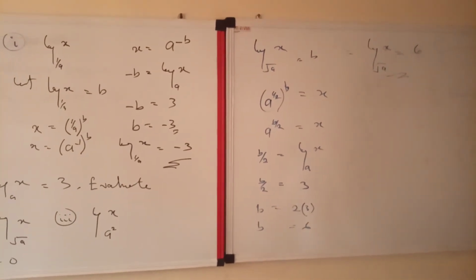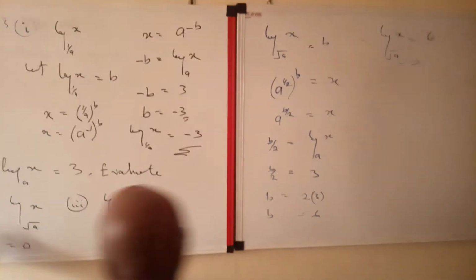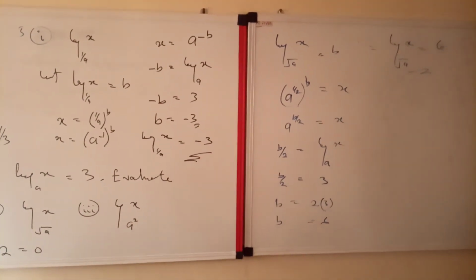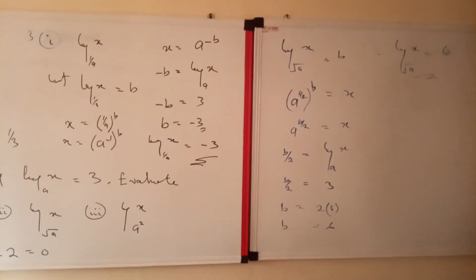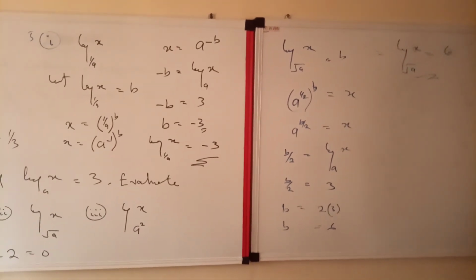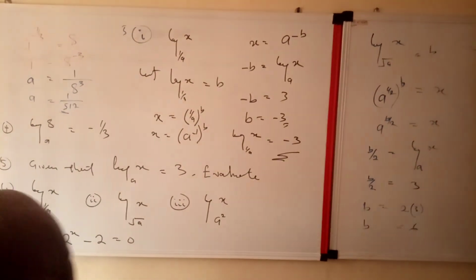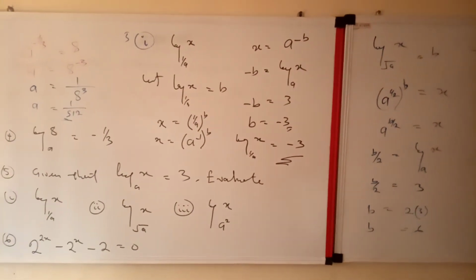Now the last case in that same problem is also very similar, so we can still go through it using the techniques we have been using. Lastly, I want us to take a look at this last case where we have it in terms of a quadratic equation.